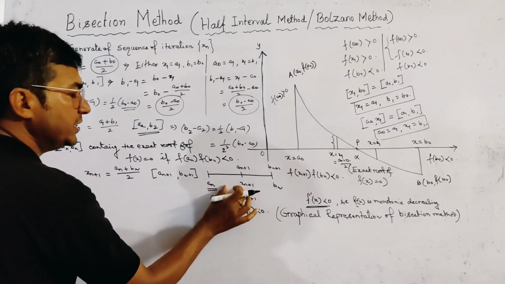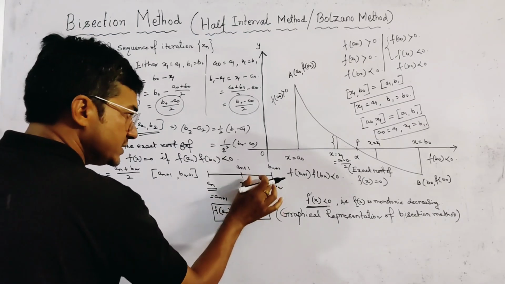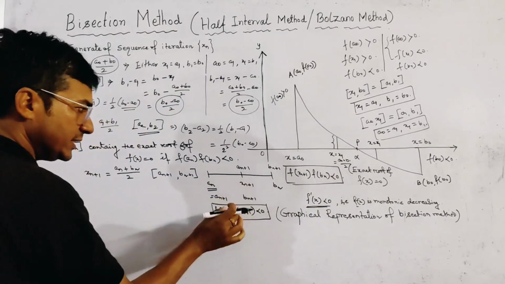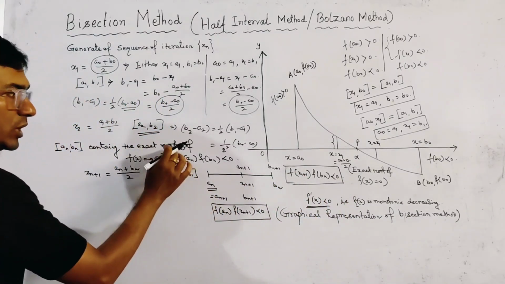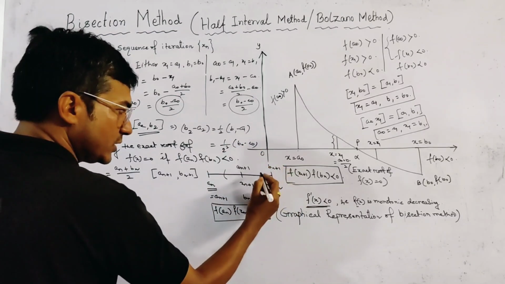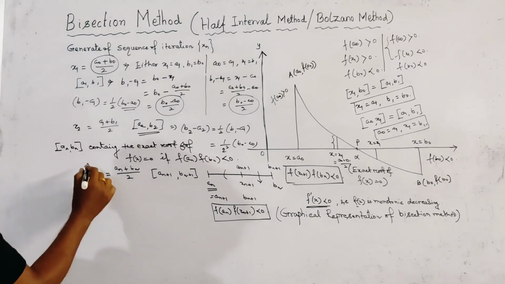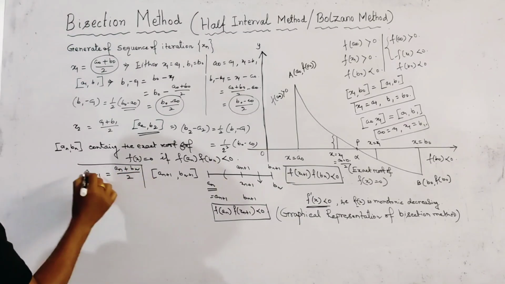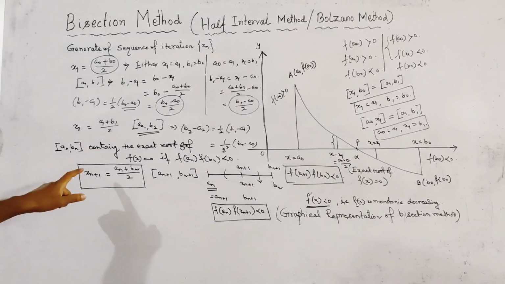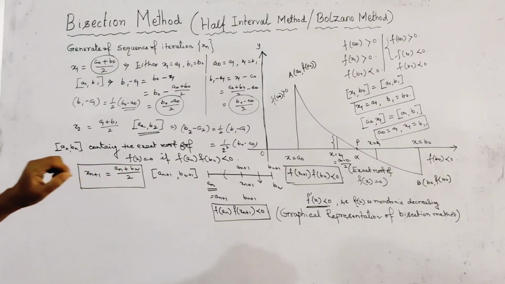So this interval is taken if this condition holds, and this interval is taken if that condition holds, because in the respective case the exact root alpha lies in that interval. Okay, so we get the general formula of iteration of the bisection method: xn plus 1 is equal to an plus bn by 2.